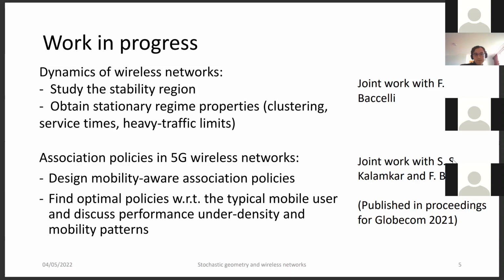When we designed these new association policies, we decided to remove this assumption completely and to say, we connect to the closest antenna, and then we want to discriminate depending on the velocity of users. So we assume that we have several layers of the network with different performances. And how can we design an association policy that depends only on the velocity, removing the power consideration?